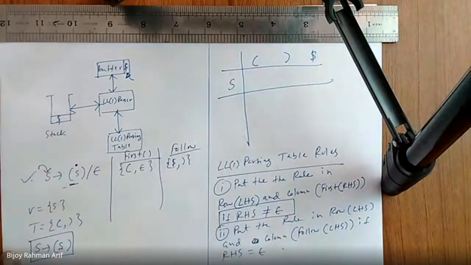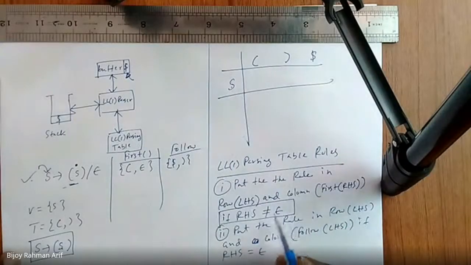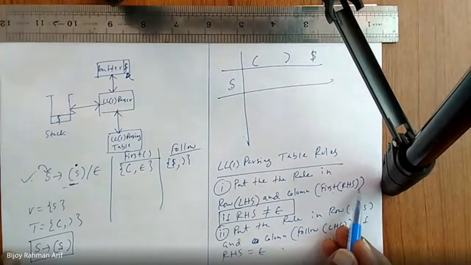What would be the column? The column would be first of RHS. So what is first of RHS?